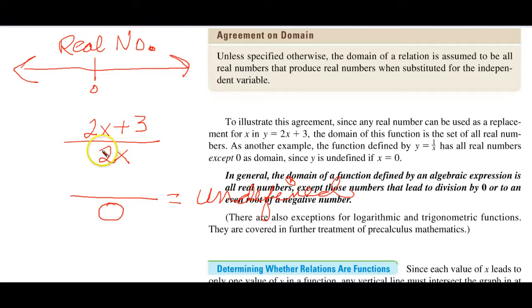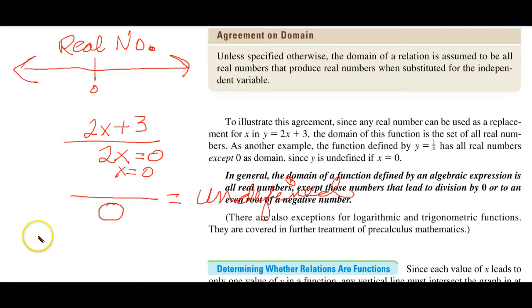So, are there any values of x here that would make this denominator a 0? And the answer is, you might say, well, how do I find that? Well, just set the denominator equal to 0. And when we do that, we get x equals 0. So if x were 0, that would make this denominator a 0. So we then have a restriction to what values we have for our domain in order for it to be a real number.